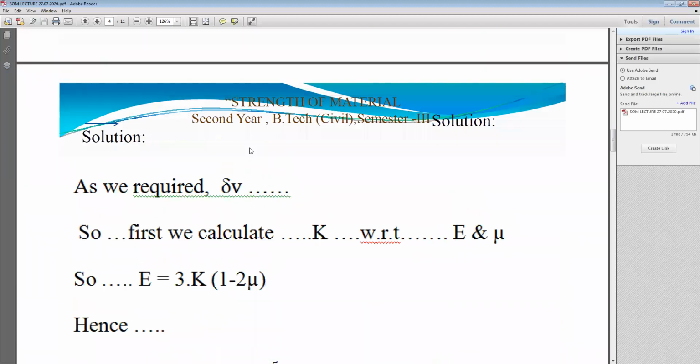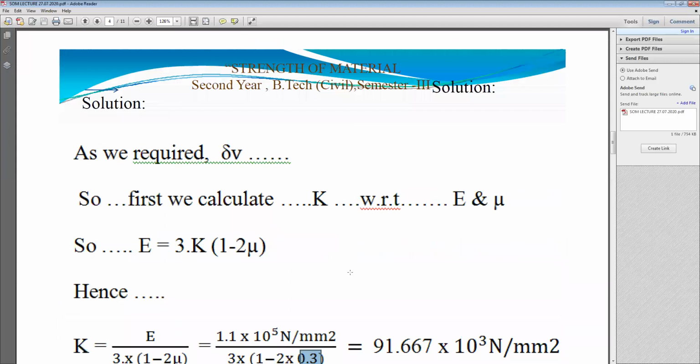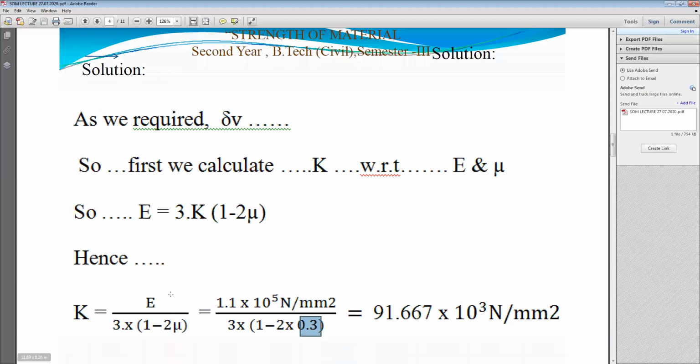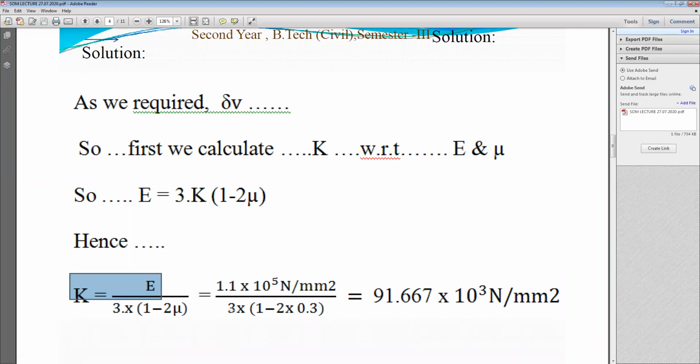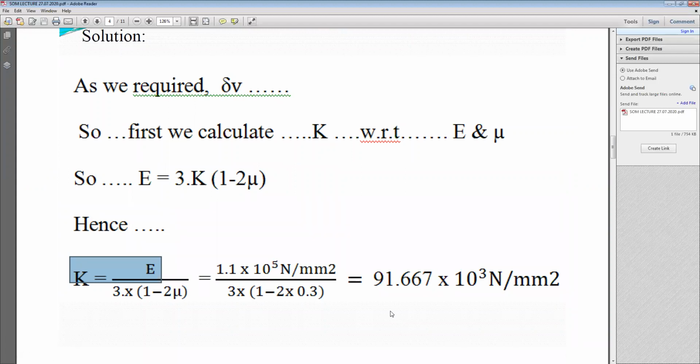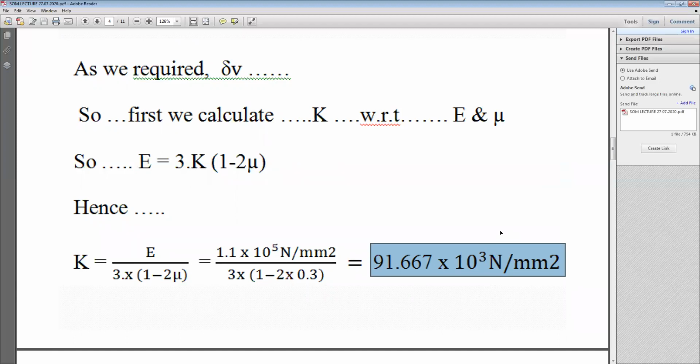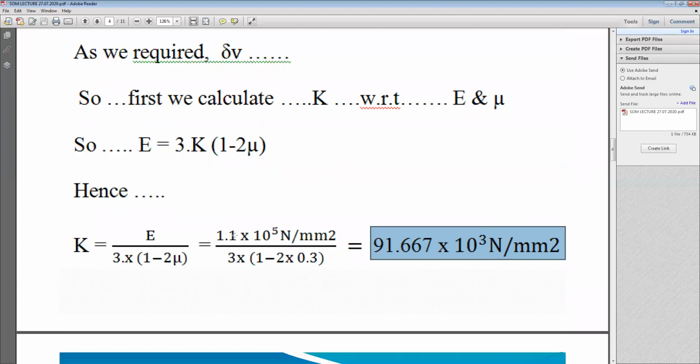So please carry out the equation related to E and K, and calculate the amount of K by using your calculators. I show the value of K, but you should make practice. Please recheck whether the value is correct or not by using your calculators: 1.1 into 10 to the 5 divided by 3 into another bracket (1 minus 2 into mu), where mu is equal to 0.3.